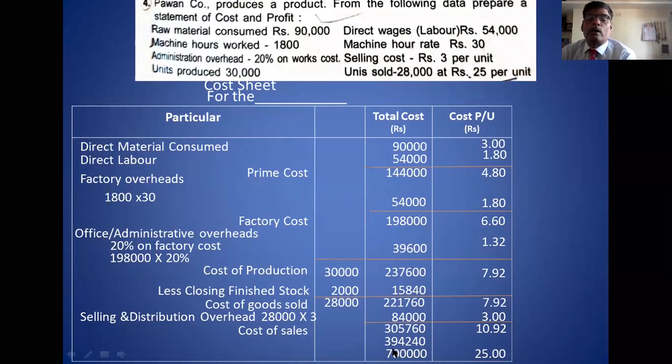The total profit is 3,94,240. Per unit profit is 14.08. 14 rupees 8 paisa is the profit per unit. It is calculated on the basis of difference. You write this as a profit and sale.